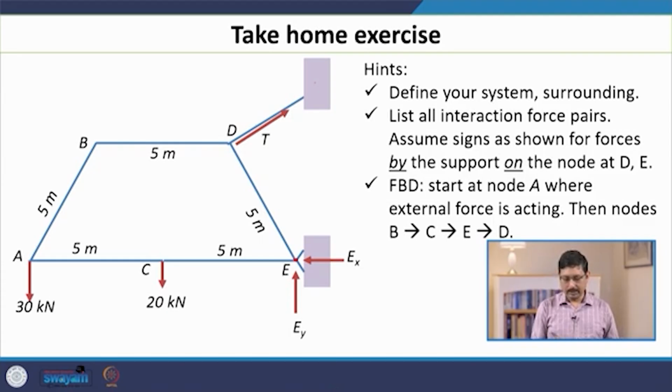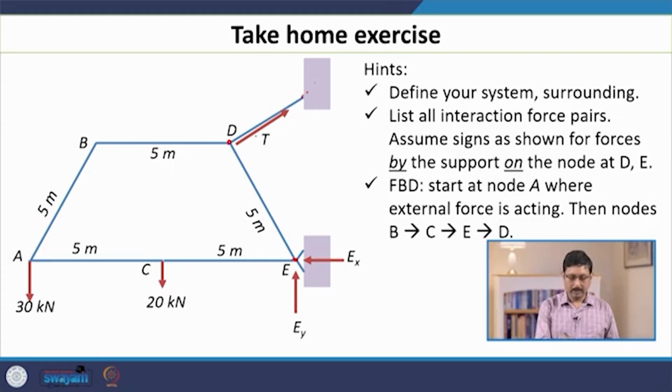Now, I will give you a hint. Assume that the nature of the contacts at the supports at D and E is such that these are the directions of those external forces.